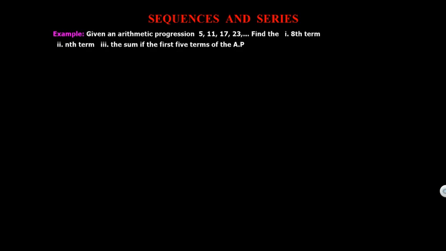We have this example. Given an arithmetic progression, we are being asked to determine the 8th term, the nth term, and the sum of the first 5 terms. So to do this, let's first understand the parameters given to us.